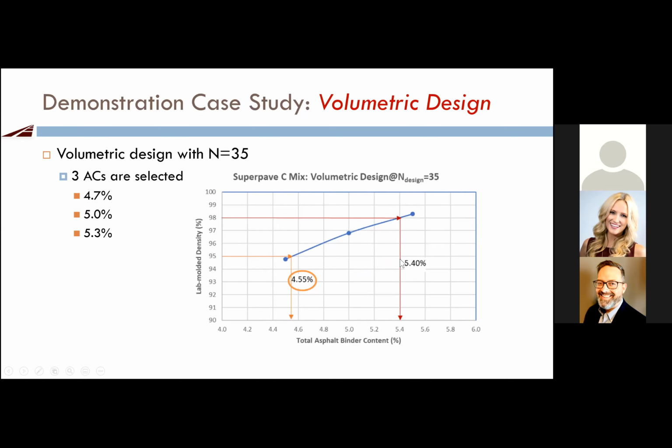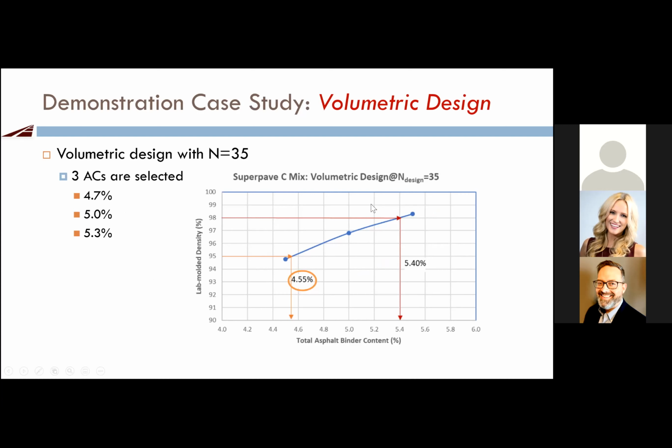So the first step is volumetric design. We choose the original Superpave N design 35, and we have 3 asphalt contents. You see the blue dots here, that's 4.5, 5, and 5.5. Those are the 3 asphalt contents we use for Superpave volumetric design.